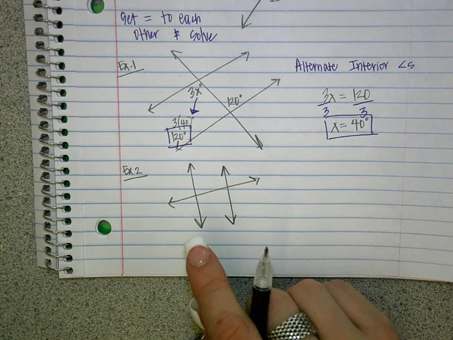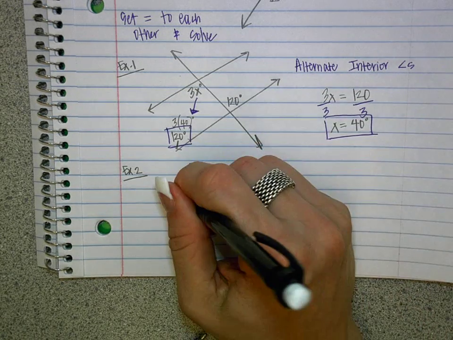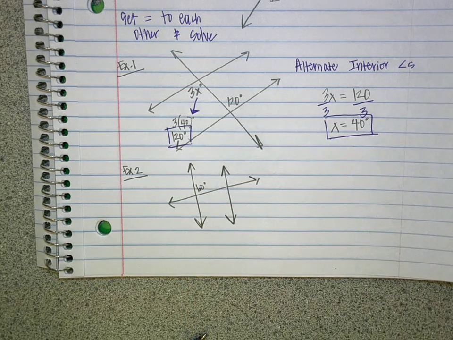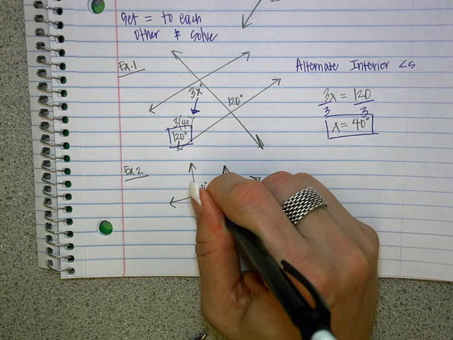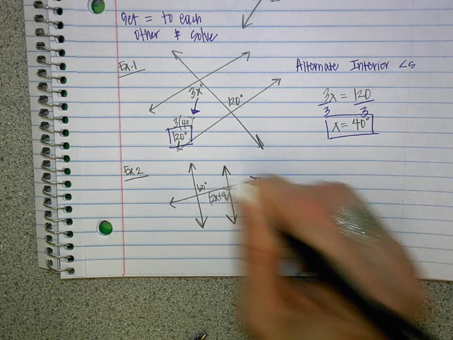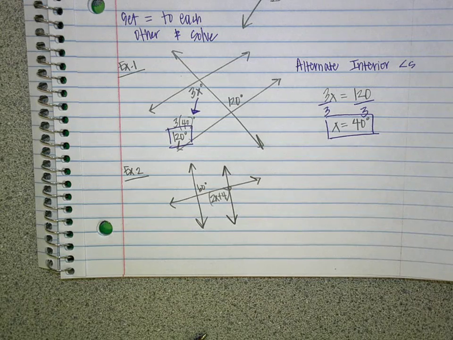And I tell you that this measurement is 60 degrees, and this measurement is 2x plus 4 degrees.